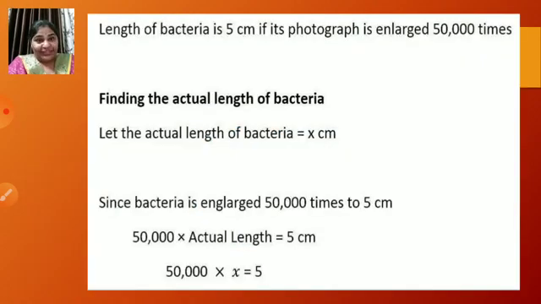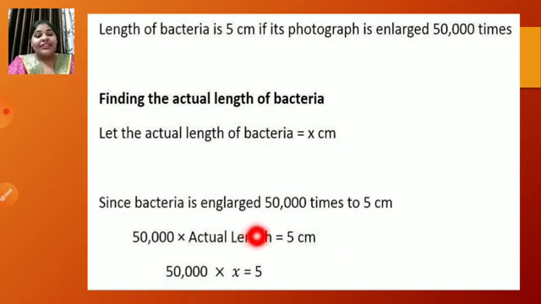So let us see the solution. The length of the bacteria is 5 centimeter if its photograph is enlarged 50,000 times. Finding the actual length, children, let the actual length of the bacteria be x centimeter. Since the bacteria is enlarged 50,000 times to 5 centimeter, that means 50,000 times the actual length is equal to 5 centimeter.